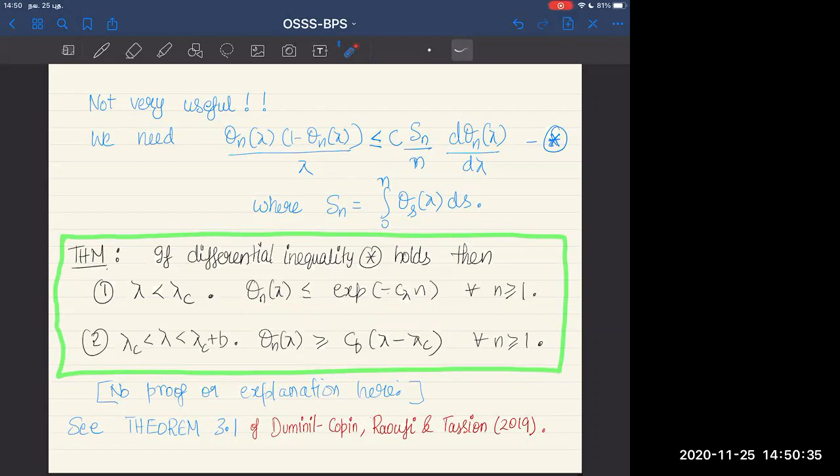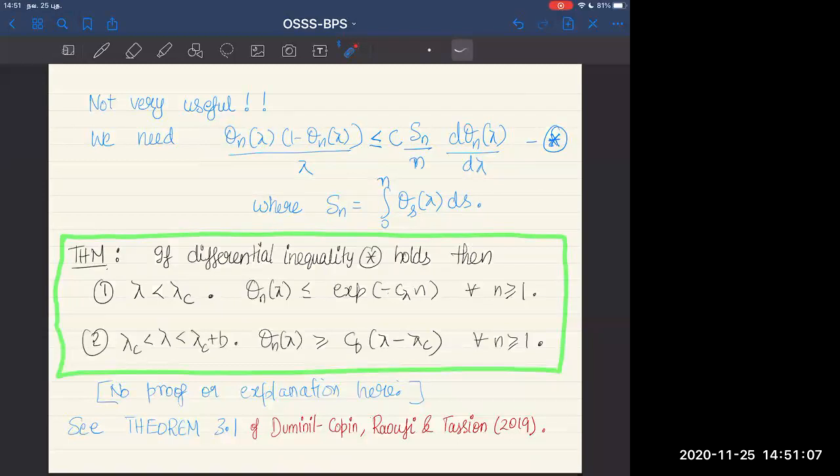The harder part is to show that above this it goes to positive. The proof is by analyzing this differential inequality and doing some bootstrapping, getting a stretched exponential decay and then an exponential decay. I'm not going to explain this again. We will be only concerned with inequality star. This is a key inequality to remember.